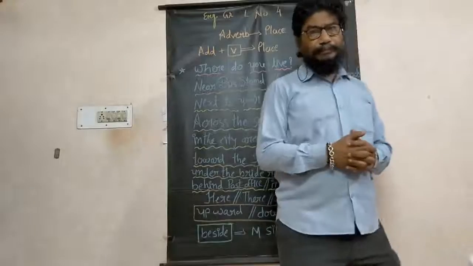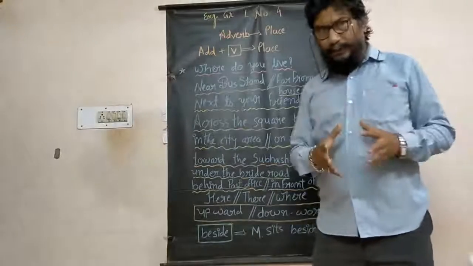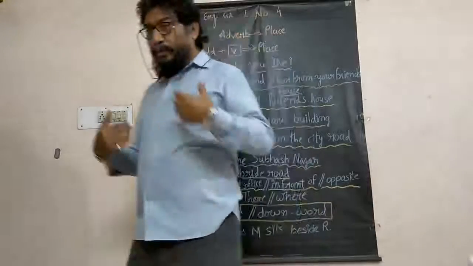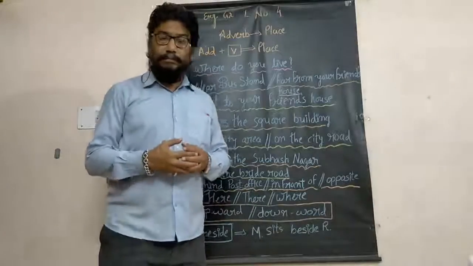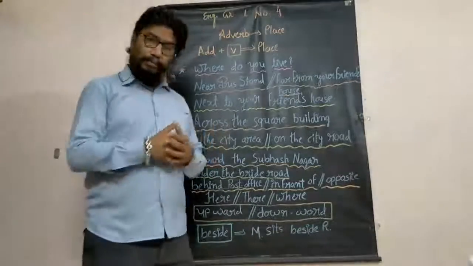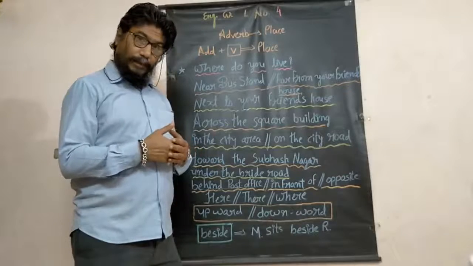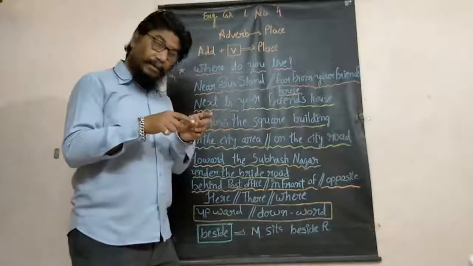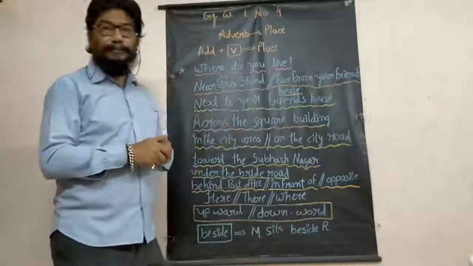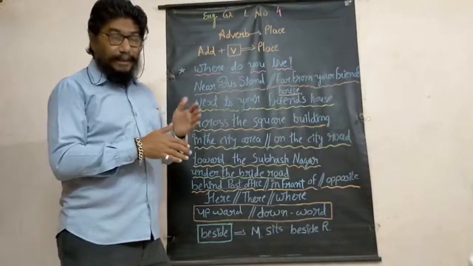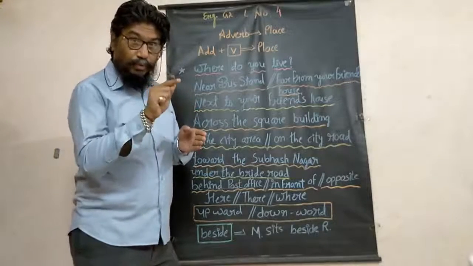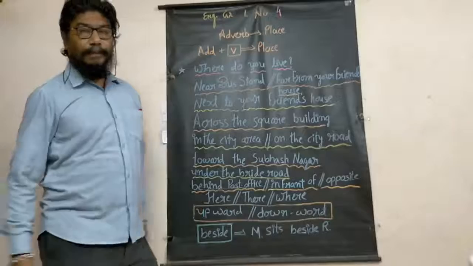Where do you go? If I ask you a question, where do you go now? You will tell me, I go to bazaar. I go to school. Something is connected with the verb of going, and that is the preposition "to".